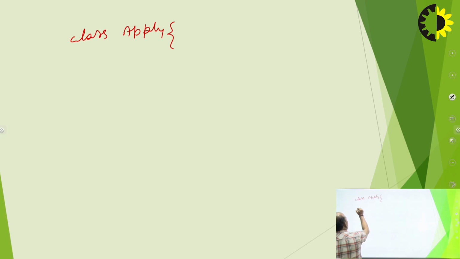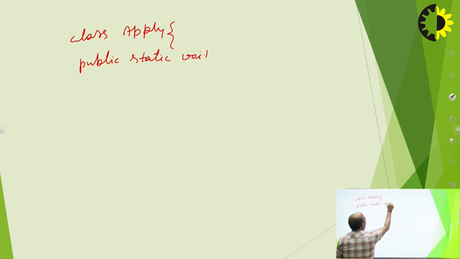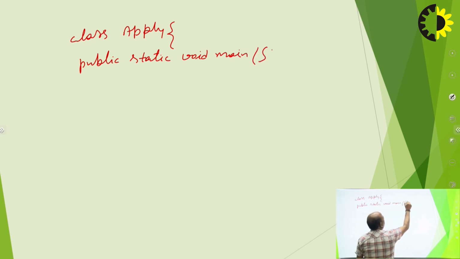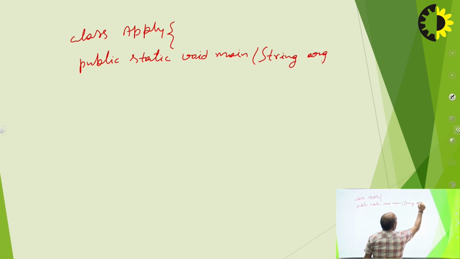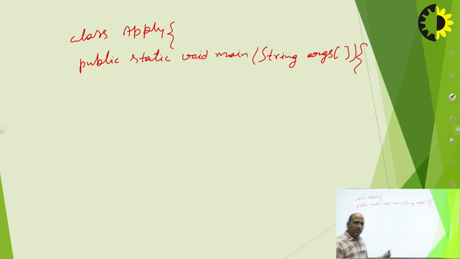To write the main function, we write public static void main, and within this main we pass a String type array. Now start this main function, and here you can create the object of that Student class if you want to use it.